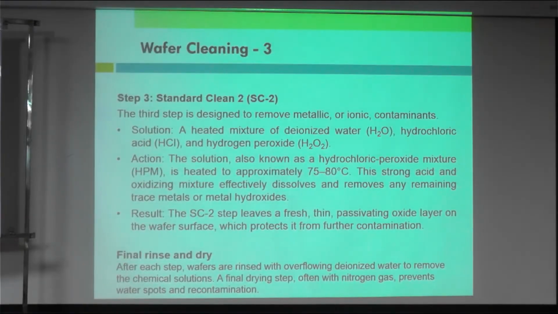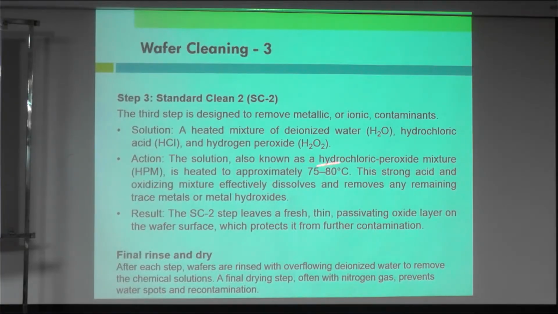And the step number 3 for wafer cleaning. The third step is designed to remove metallic or ionic contaminants, with a heated mixture of deionized water, hydrochloric acid, and hydrogen peroxide. The solution, also known as hydrochloric peroxide mixture or HPM, is heated to approximately 75 to 80 degrees Celsius.